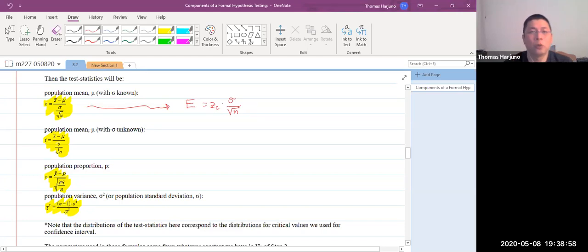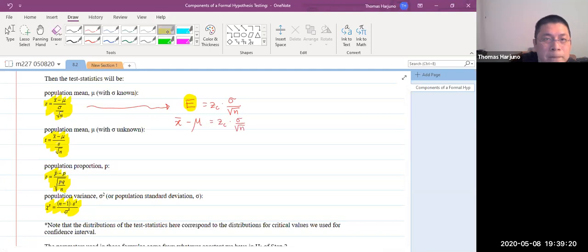Margin of error refers to the difference between the sample mean and the population mean. This is the case for confidence interval.